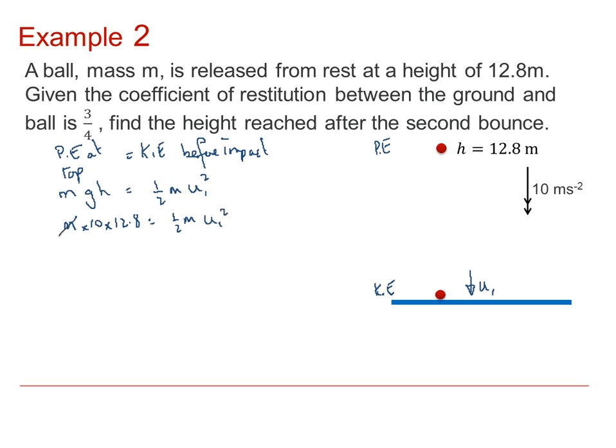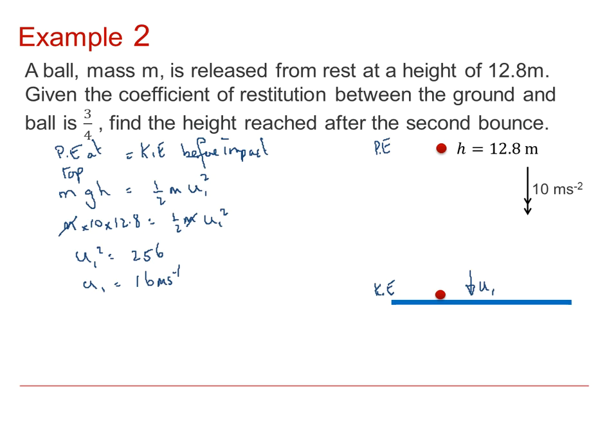We can see that the m's cancel. 128 on the left hand side multiplied by 2 gives us that u1 squared is 256, and therefore u1 is the square root of that, which comes out to be 16 meters per second. So at that first impact we have an initial velocity of 16 meters per second.